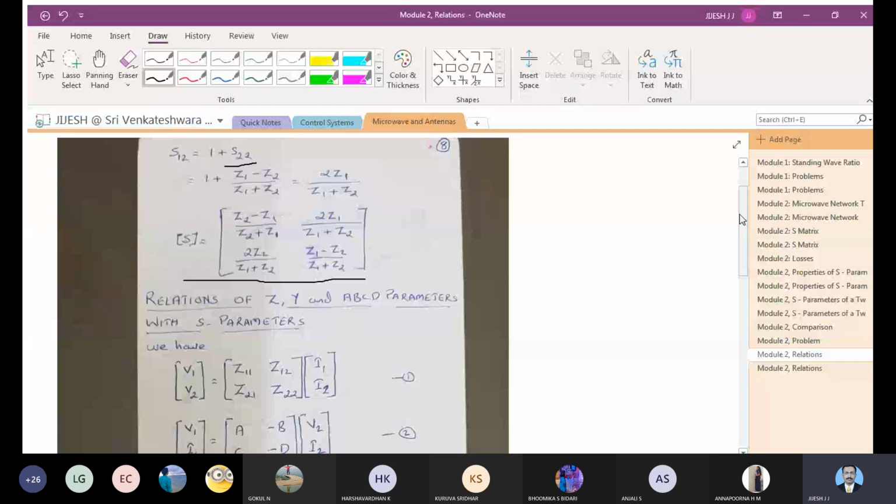If you have completed, put it in matrix form and write the final answer for the S matrix. What we were required to do was convert the S matrix in terms of the Z matrix. So we have brought the S matrix in terms of impedance.